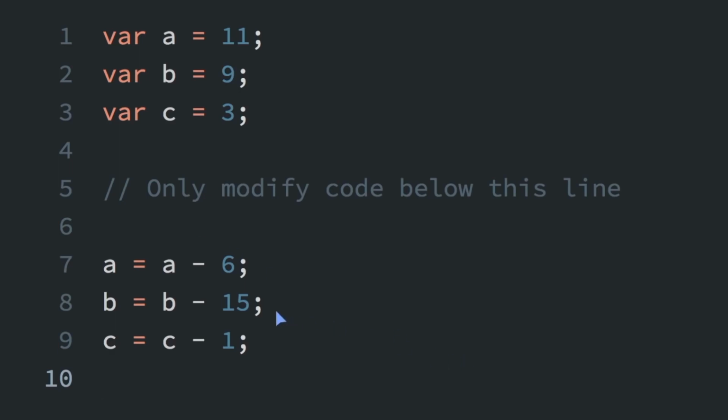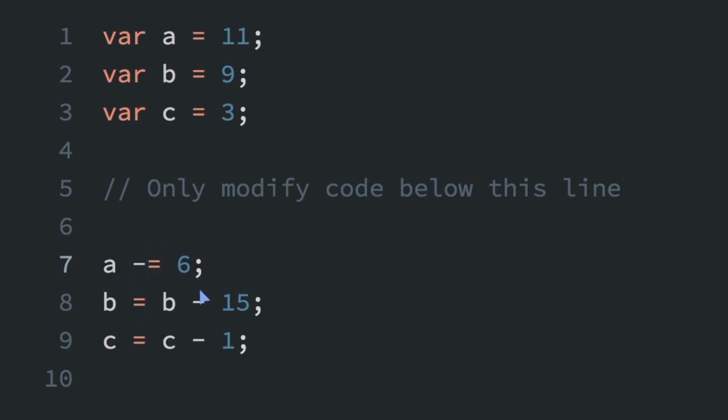Previously, we learned about plus equals. Well, minus equals does the same thing, but subtracting. So this says a equals a minus 6. We started at 11. Minus 6 is going to be 5. So the new a is going to be 5. But we can shorten that. Instead of a equals a minus 6, we can do -=. This is just a shortcut that JavaScript has that means the same thing.